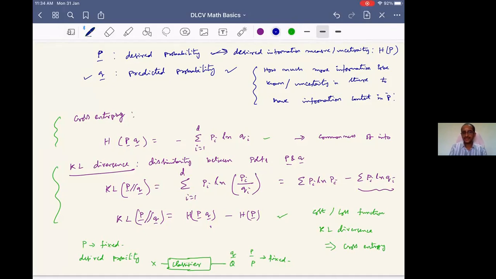Because cross-entropy itself gives commonness of information, and that's what we are looking for in a loss function. Right, and actually H of P is constant for all samples, and hence from sample to sample there is no difference. It's just a constant term. In a cost function, constant terms don't matter. Finally, our cost function has to be a function of the model parameters and the input samples.